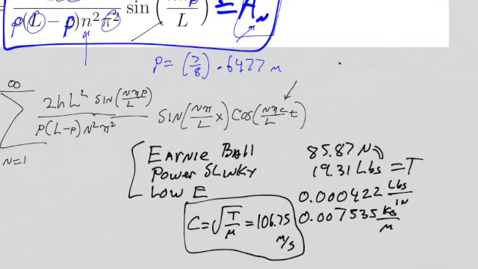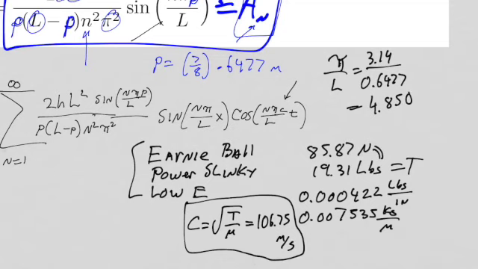Now, pi over L is going to be 3.14, which is a pure number, divided by 0.6477, which equals 4.850. I've kept a little extra significant digits here, so I'm being a little fast and loose with my significant digits, but this is definitely going in the right direction.